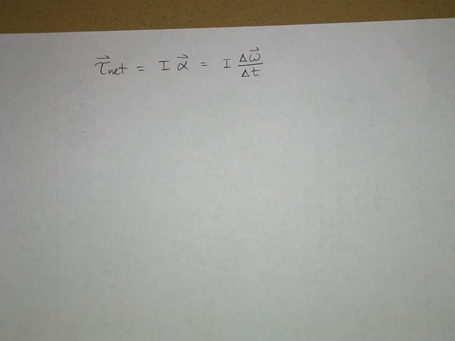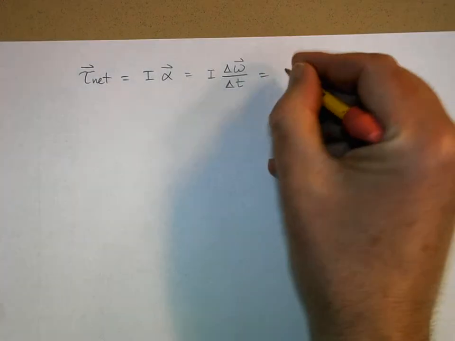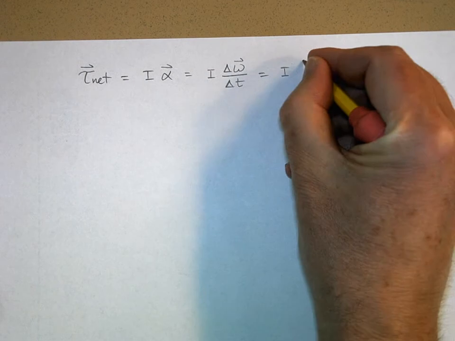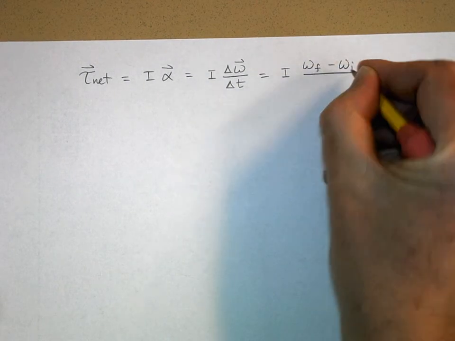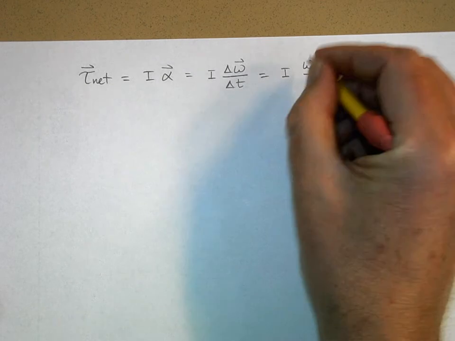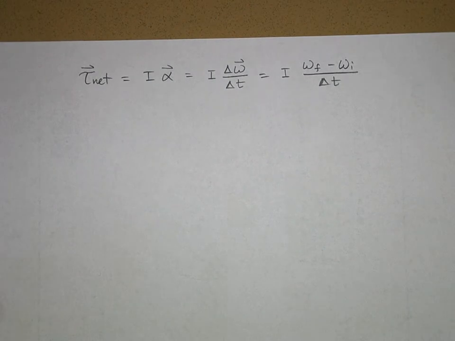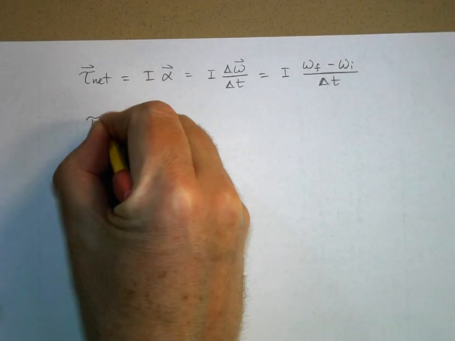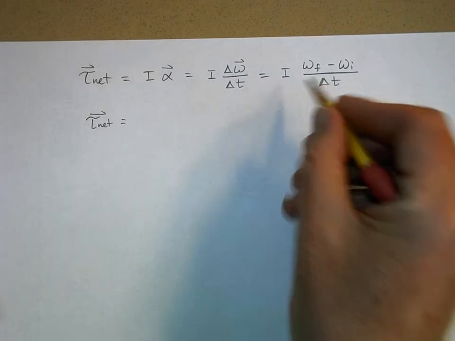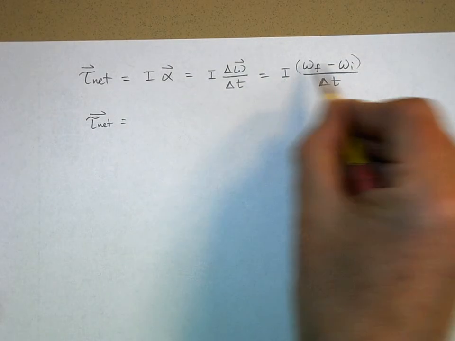Well, this means that I can say this is I times the final angular velocity minus the initial angular velocity, divided by time. And so I can say that the net torque is, well, now I can distribute the rotational inertia into this equation.